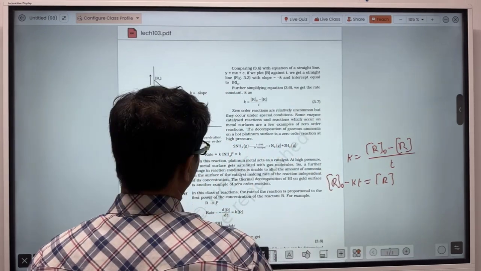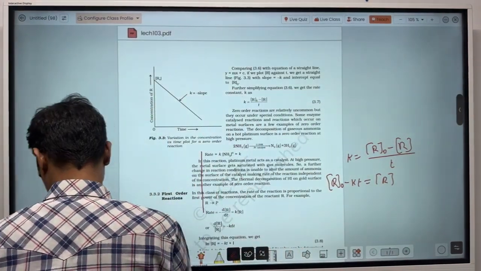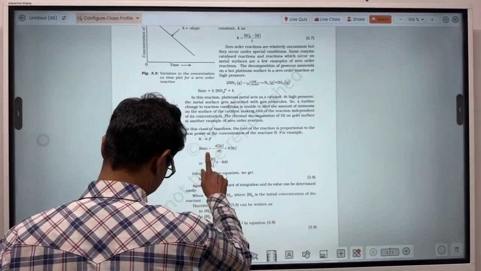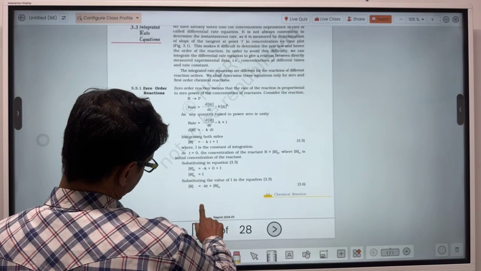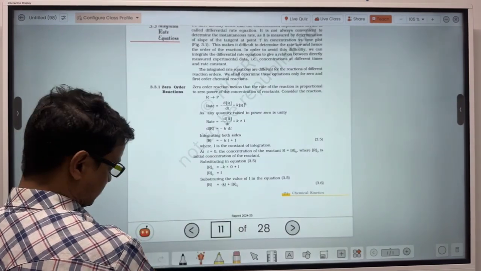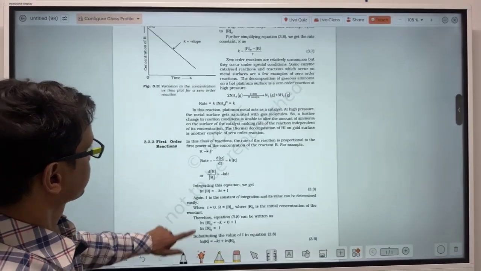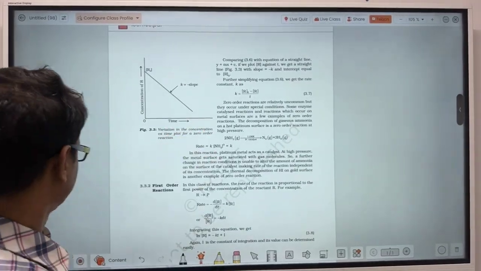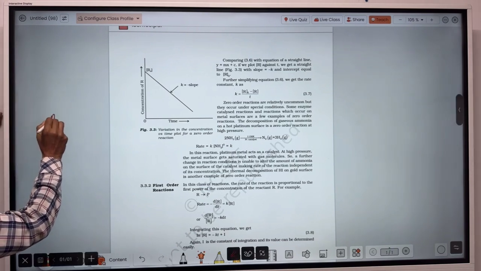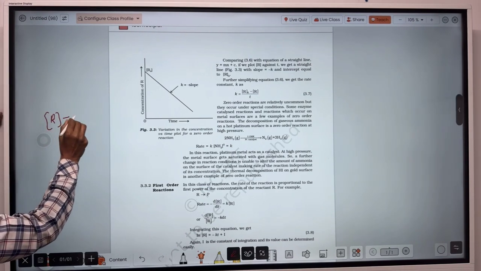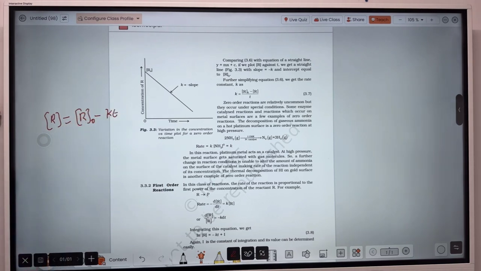There was another equation, R equals R naught minus kt, which we have discussed. So the concentration of reactant equals the initial concentration of reactant minus kt.